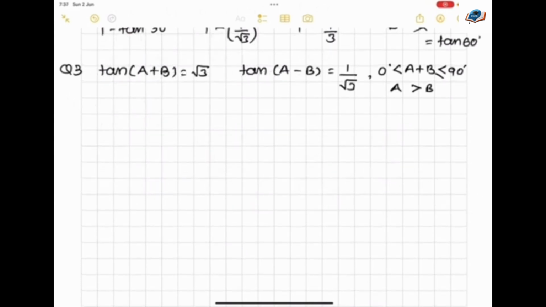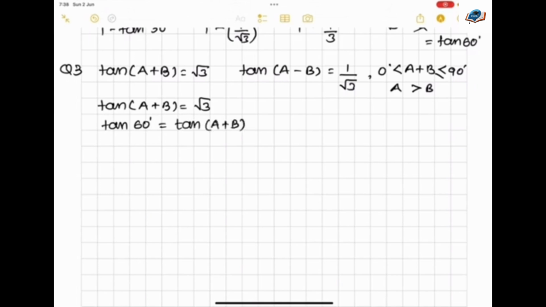Now question 3 says tan A plus B equal to root 3, tan A minus B equal to 1 upon root 3, where A plus B is greater than or equal to 0 and less than or equal to 90, and also A is greater than B. So tan A plus B equal to root 3. So tan 60 equal to root 3.